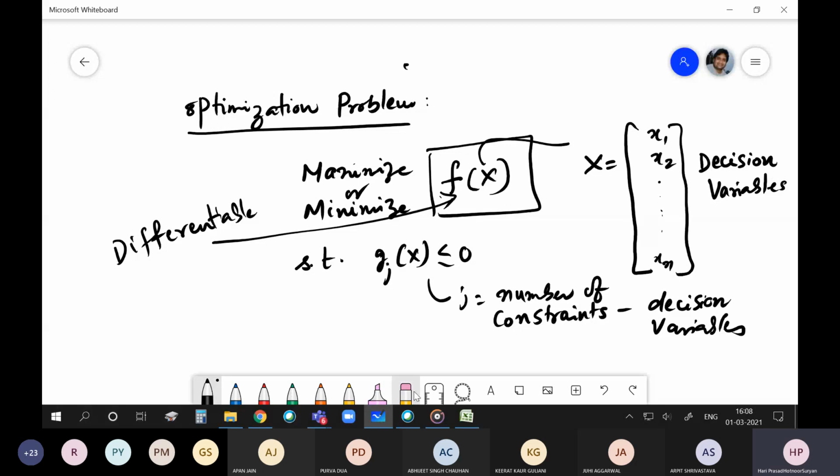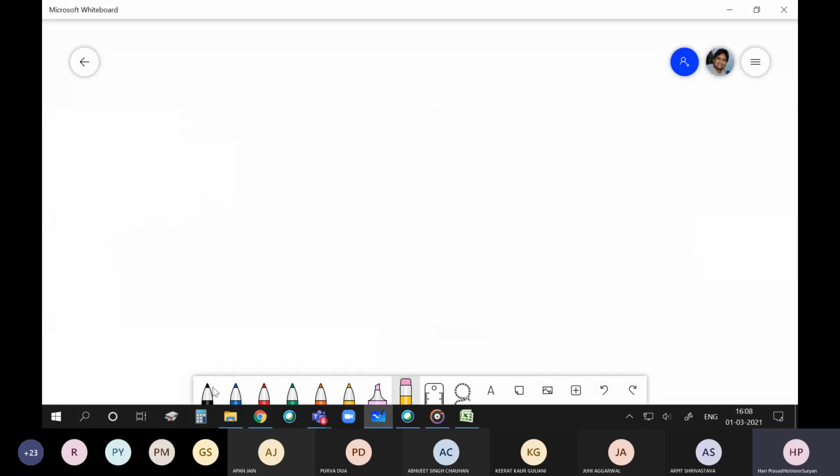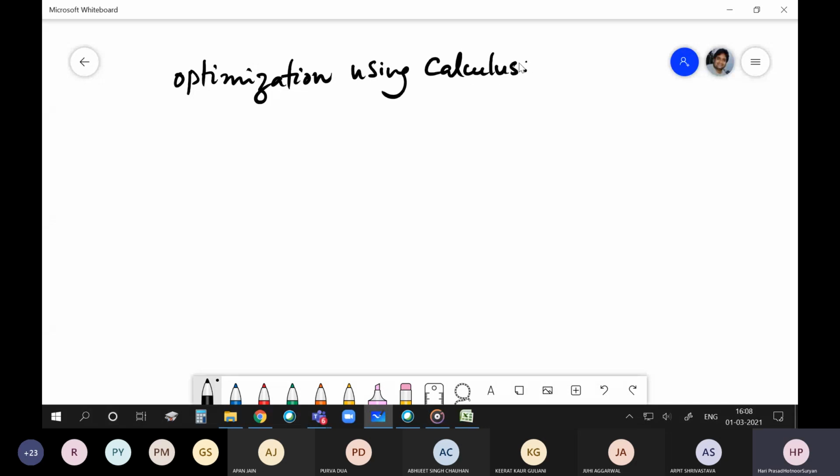So now let us start with optimization using calculus. First let us start with optimization of only a single variable.